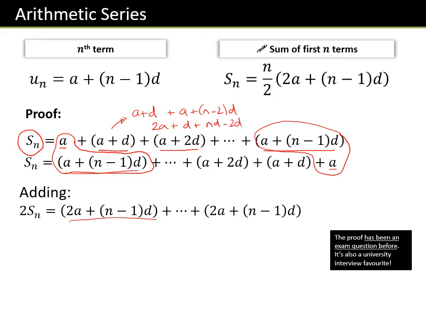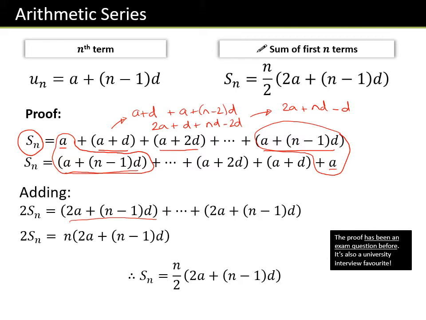That would simplify to 2a plus nd minus d, or 2a plus (n minus 1)d. Okay, so what I've got then is that n times, and then the final part, divide by 2, gives me my formula.